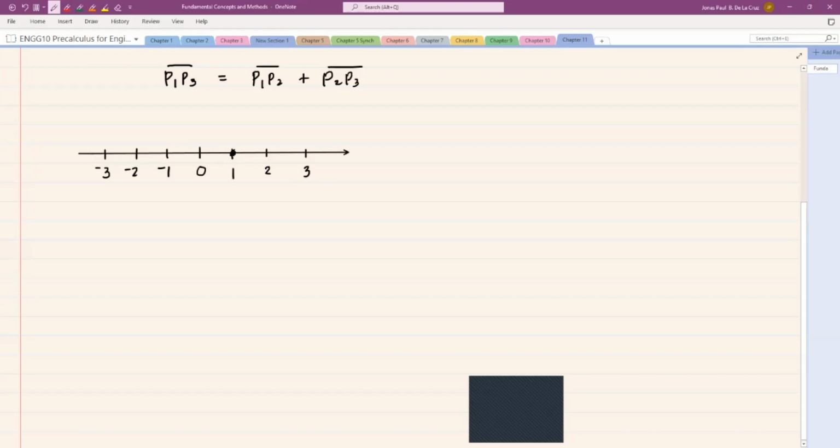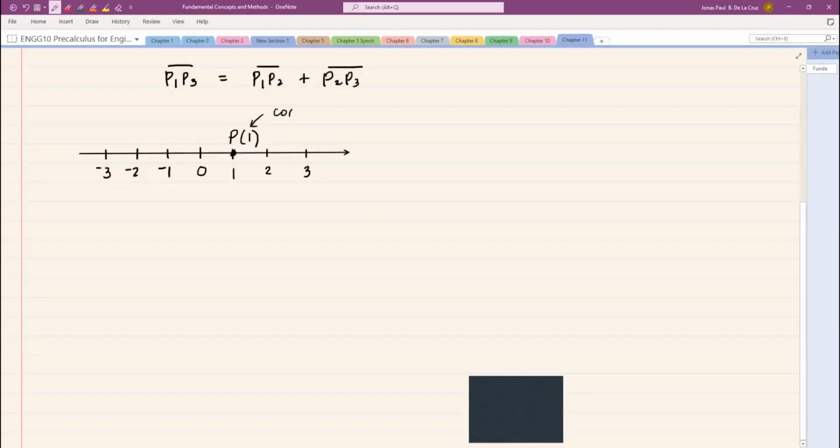If we call this point P, any capital letter is okay for the designation of a point, but for convenience, we will use P. So this is point P. Our designation here is P of 1. This point P has a coordinate, which is what we call it. The coordinate of point P is 1.